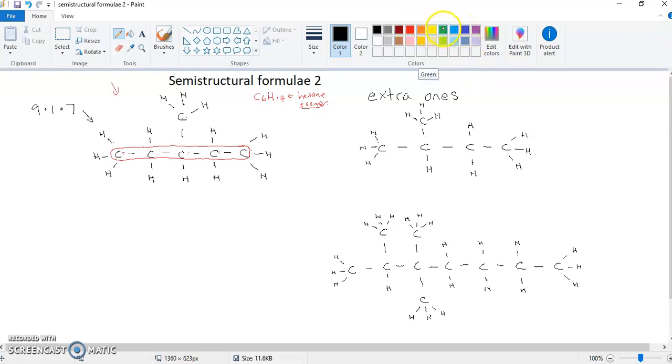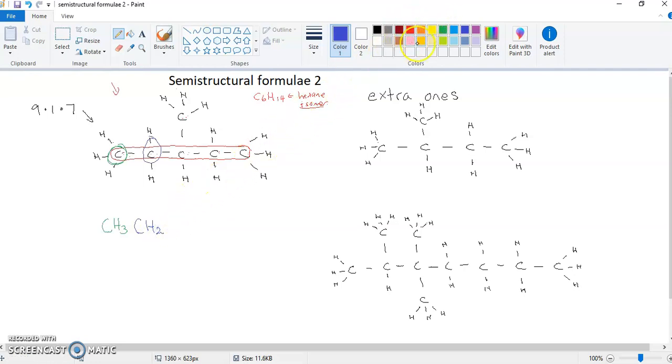So let's go with the first carbon there. That carbon, apart from being attached to other carbons, has 3 hydrogens attached to it. That's fine. Then we go on to the next one here, which is this carbon, which only has 2 hydrogens attached to it.